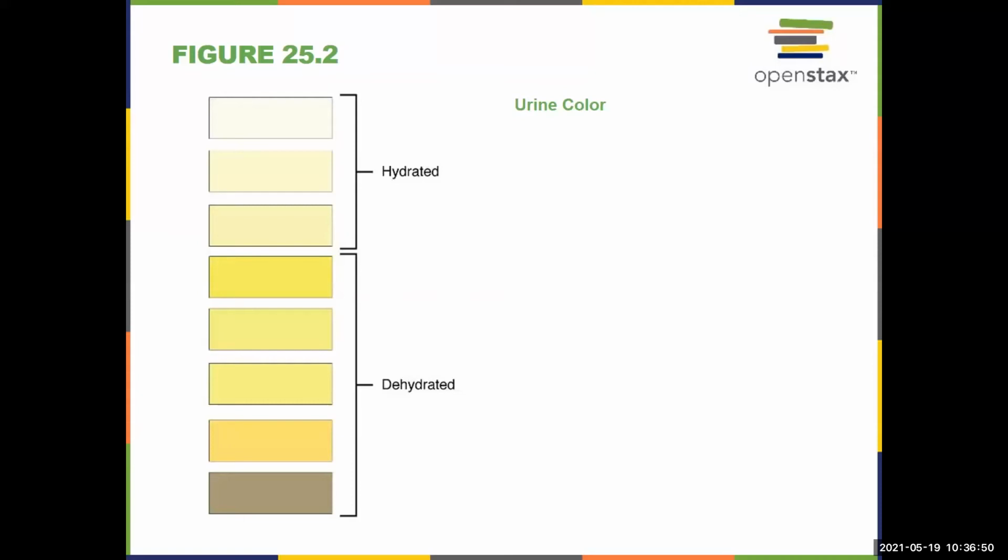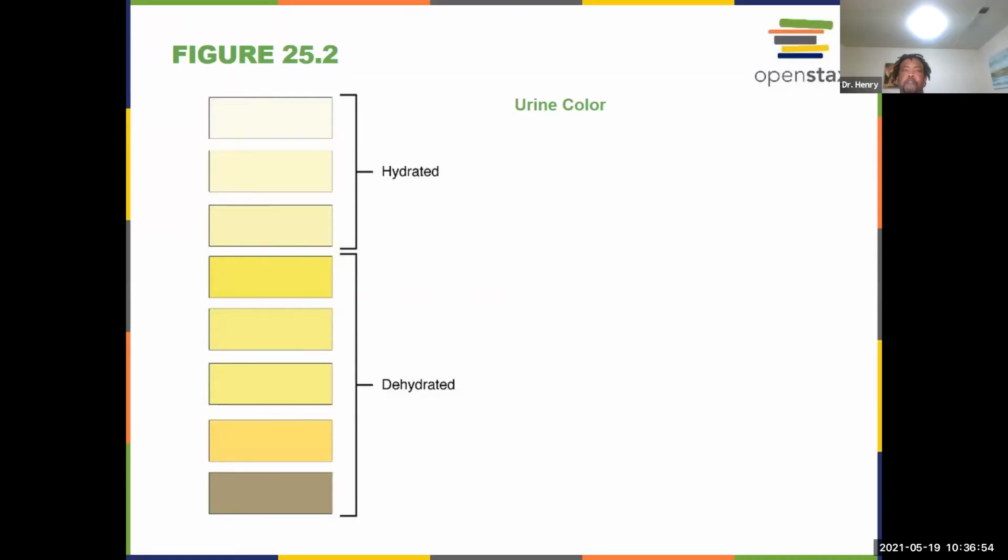Well, something is wrong. You have some type of internal damage that's causing bleeding, right? If our pee gets darker in color, that means we're dehydrated.